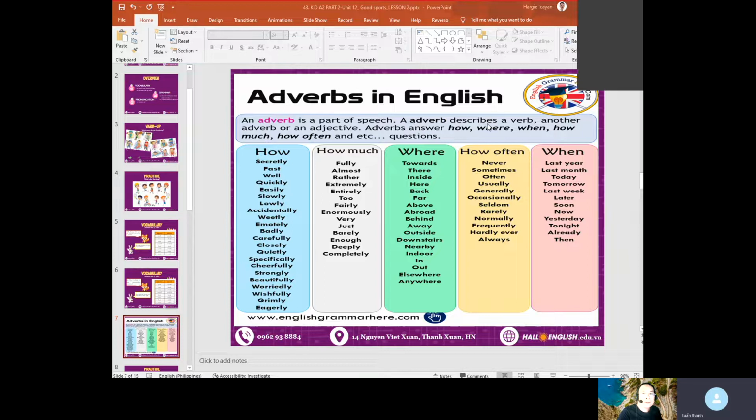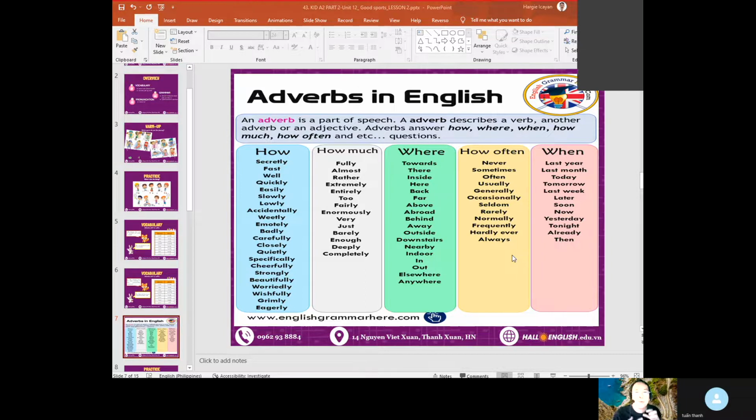An adverb describes a verb, another adverb, or an adjective. An adverb answers how, where, when, how much, how often, and so on.